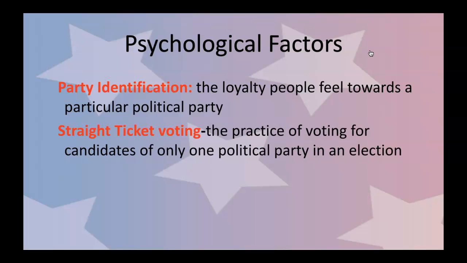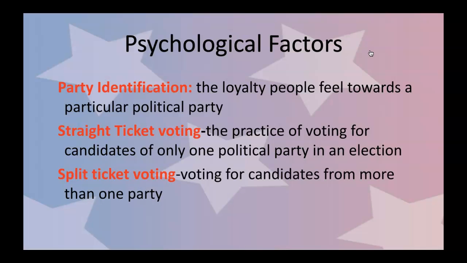There are many people who tend to vote straight ticket voting all the way, which just means that they practice the voting process of voting for one political party in an election. So when they step into the voting ballot box, they might, of course, see the way that certain people identify as Democrat or Republican, and therefore they might vote for that one person at the top and vote straight Democrat down the ballot or straight Republican down the ballot. And that, of course, pertains to straight ticket voting.